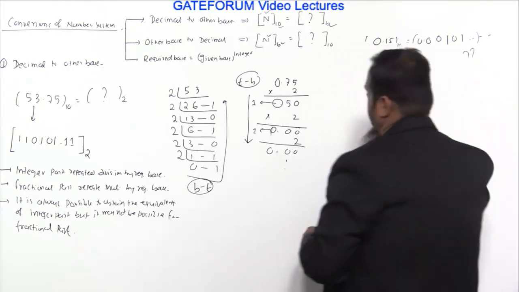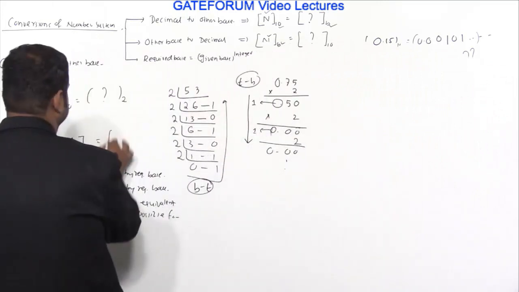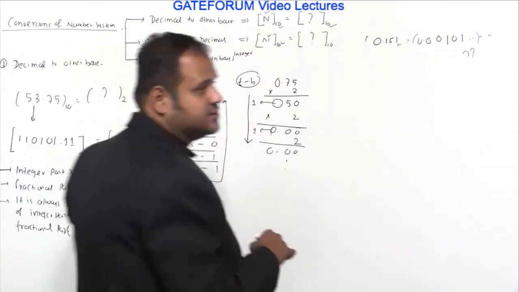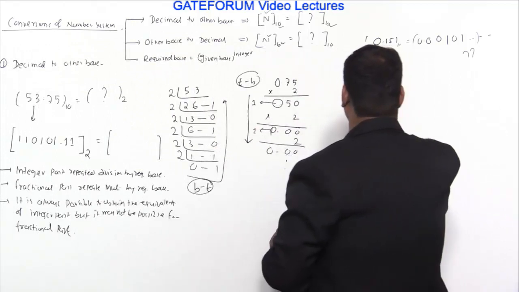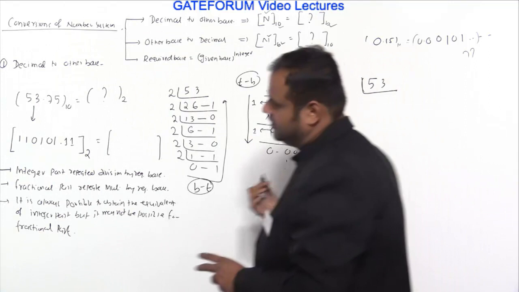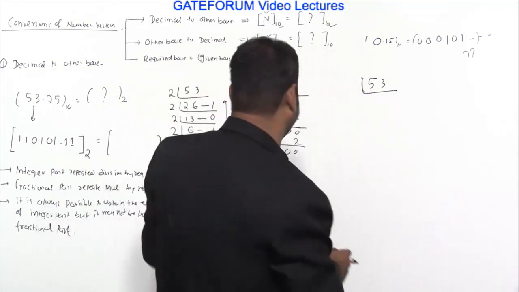Now suppose somebody asks, what is the base 4 equivalent of this? How do you do this? For 53, if I want the base 4 equivalent, as I said, you have to repeatedly divide the integer part by the required base. In the previous case the required base was 2, so I kept dividing by 2.